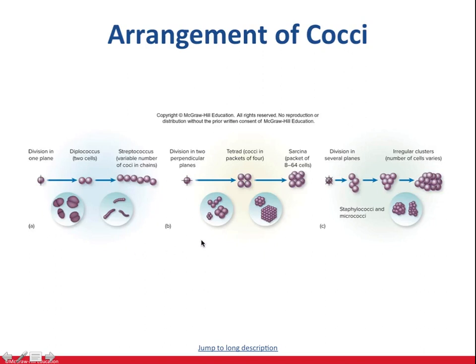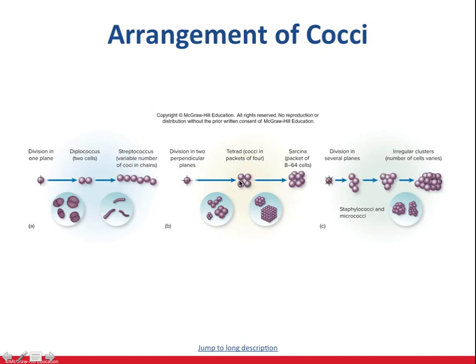However, if the bacteria divide in two planes, they can form a tetrad, a group of four cells.